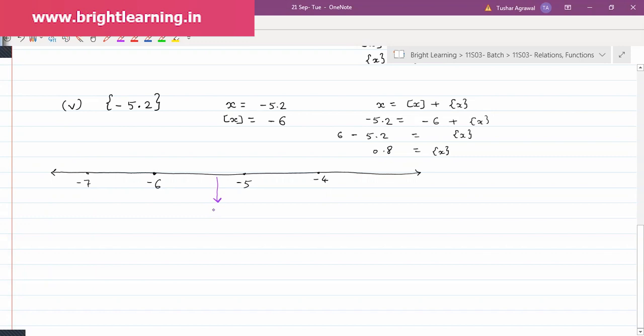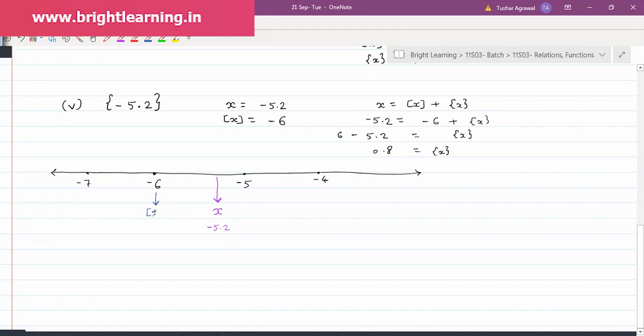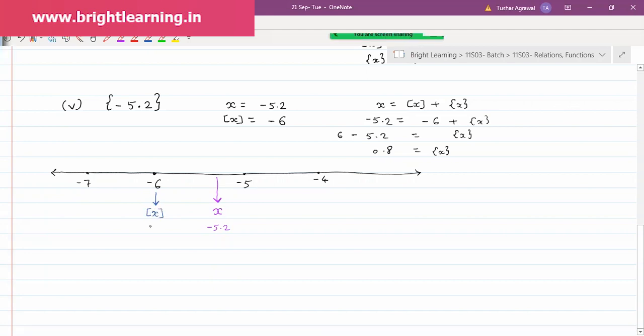Let's call this x, and this is my minus 5.2, and my step x will always be to the left. Since my step x is always to the left-hand side, which is equal to minus 6, can you see that my fractional part will always be positive?